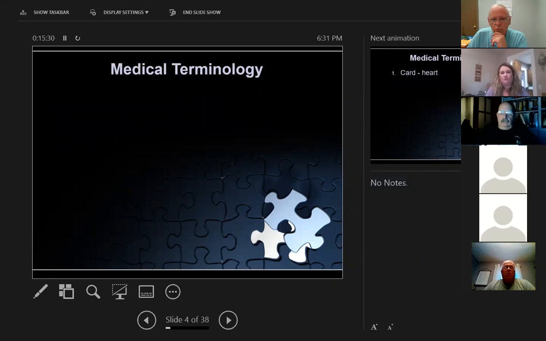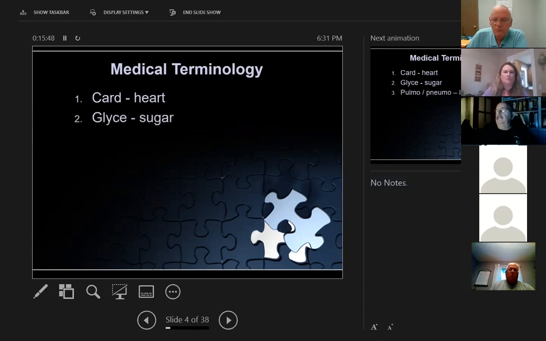So some examples of root words. A heart, something we deal with a lot in EMT. The root word for heart is card. So anything that's related to the heart for the most part will have that root word in it called card. We're going to learn about diabetics down the road, and that deals with levels of sugar. The root word for sugar is glyce.